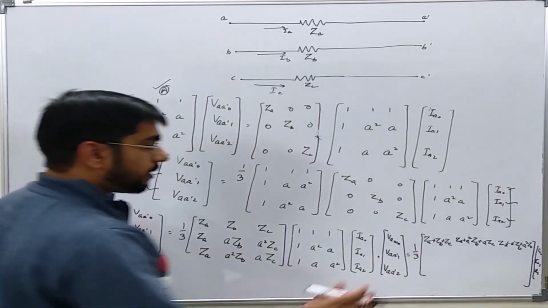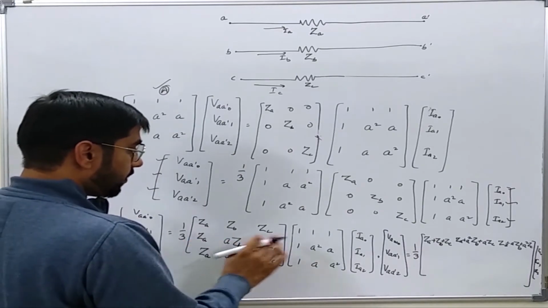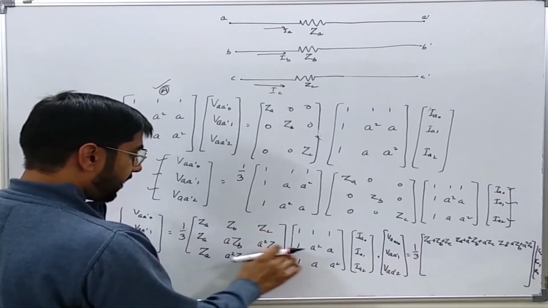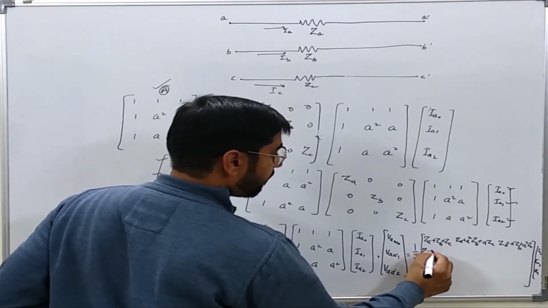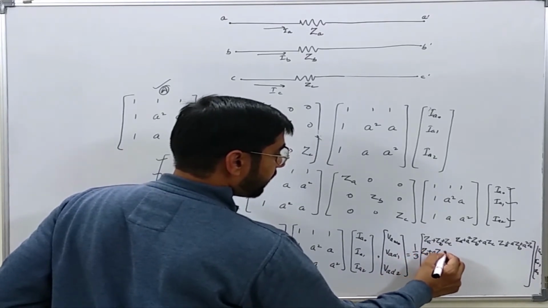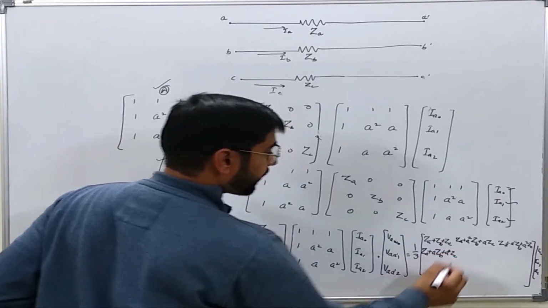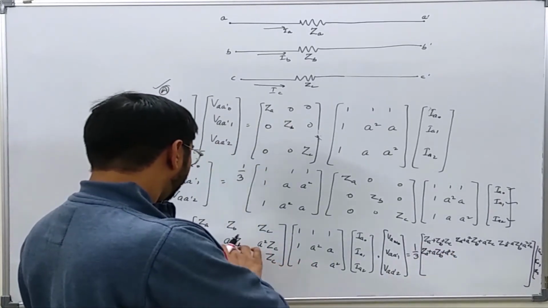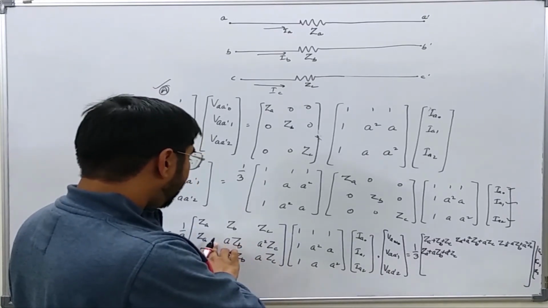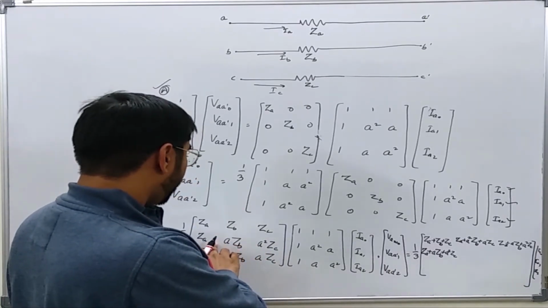Okay. Now the second row, ZA plus AZB plus A square ZC. Now let us see the second column of second row.